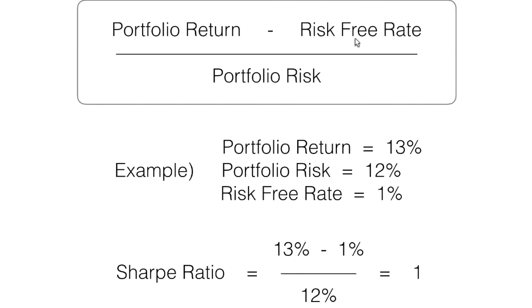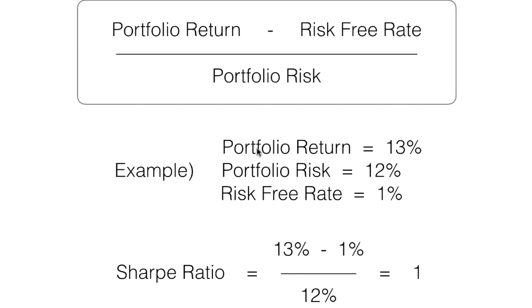I always use short-term U.S. Treasuries here, and because interest rates are so low right now, I use 1% for all of my calculations. And then we're going to take that whole thing and divide it by the portfolio risk. Another way to view that risk is just the standard deviation of the month-to-month returns. So if you're having a lot of big wins and then a lot of big losses, that's going to increase the volatility of the portfolio, and it's going to affect that Sharpe ratio. That's essentially what we're trying to calculate.